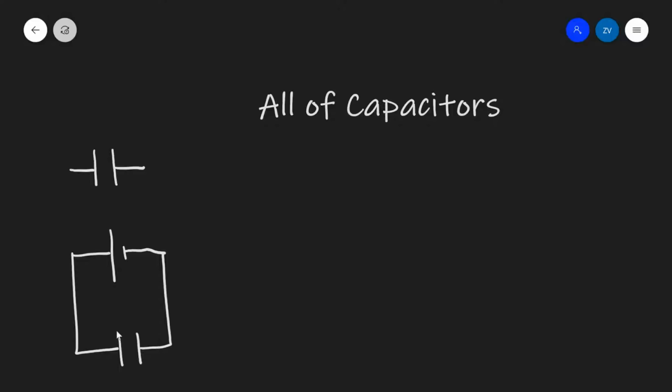The amount of charge that is stored on the capacitor will be proportional to the potential difference V across the capacitor and across the power supply that is charging it.